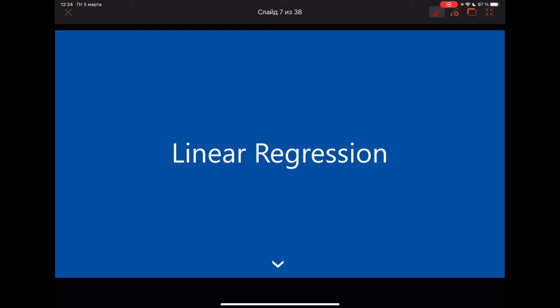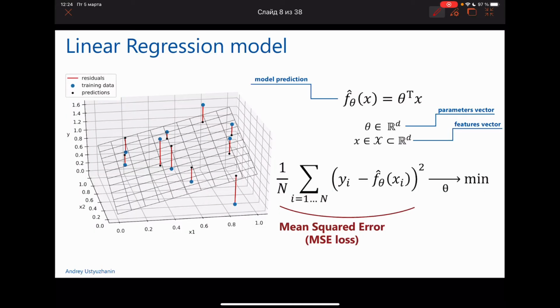So let's take a look at linear regression in particular. We have our dots, our data set, blue dots, two features, x2, x1, and a target. And we want to minimize, as we mentioned in the previous episode, the so-called loss function, which characterizes how poor an approximation a given model is.